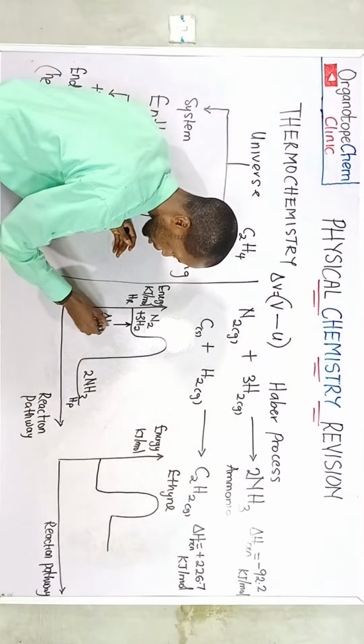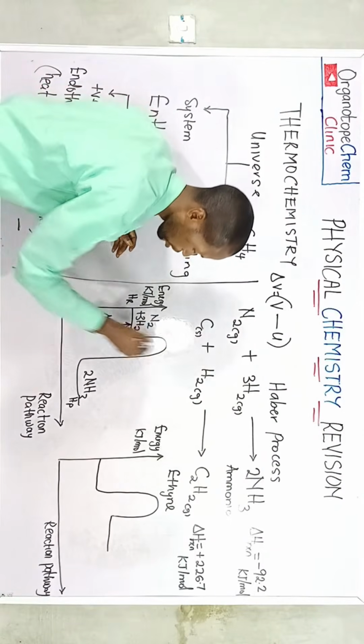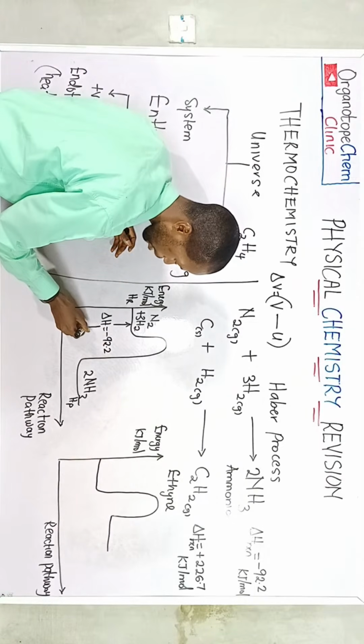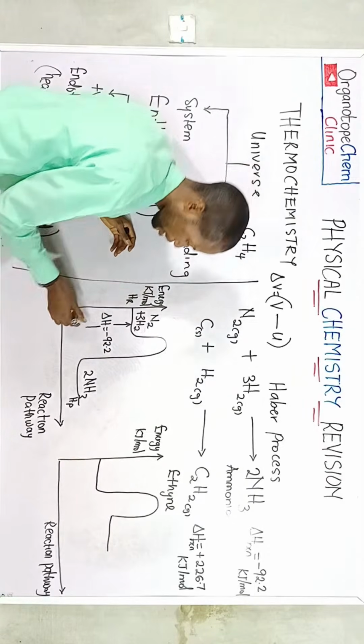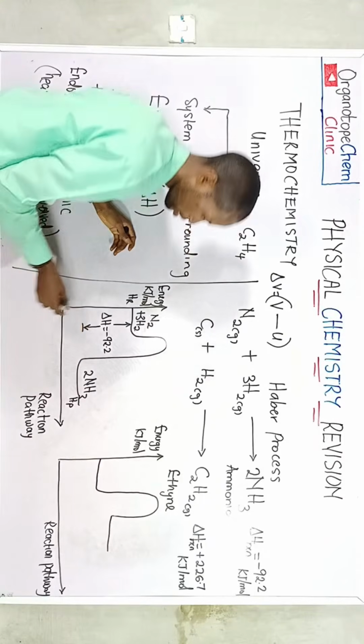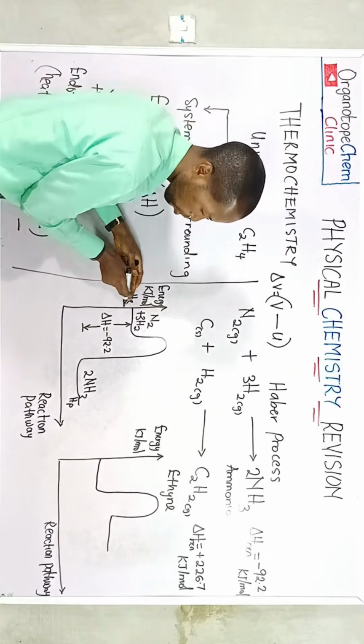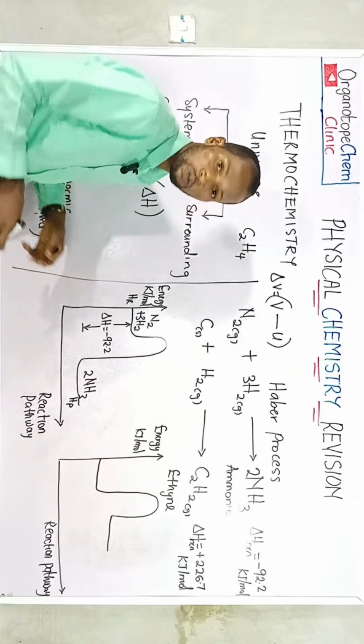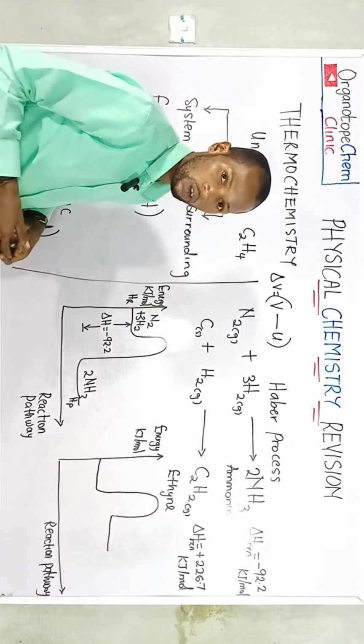Okay, so delta H equals, what's the value? Minus 92.2 kilojoule per mole. Okay, unit is right here. So we are having the difference between enthalpy of the reactant and product as minus 92.2 kilojoule per mole. Are you following?